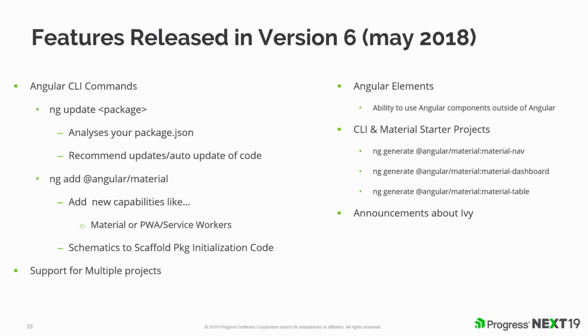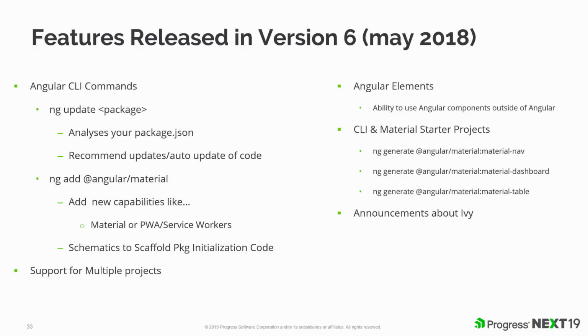I can build nice little commands that they can run, or maybe even a package that has a whole suite of commands that they can run to generate specific components or modules for my application. And it just makes Angular extensible.